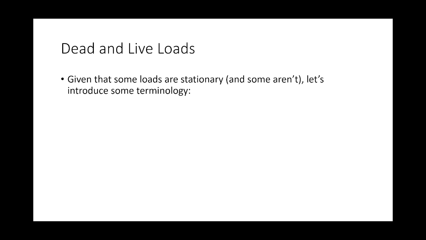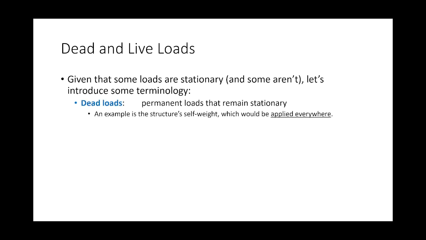But I want to introduce you to these terms. Let's talk about dead loads. Dead loads are permanent loads that remain stationary. An example of a dead load for a beam is its own self-weight.